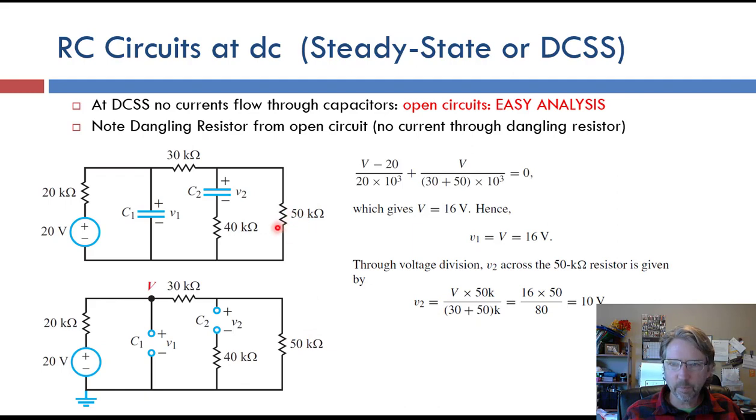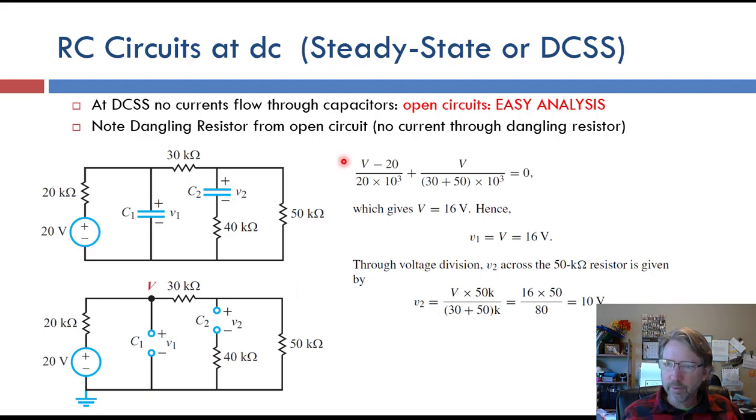So here is some analysis of this circuit. One thing to notice, when we have open circuits like this, just like we see in Thevenin analysis sometimes, we get a dangling resistor, this 40 kilo ohm resistor. So no current can flow through that. So when you do your node and mesh analysis, this 40 kilo ohm resistor is not having any effect.